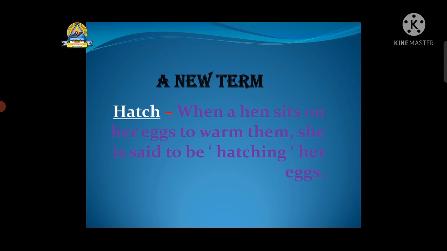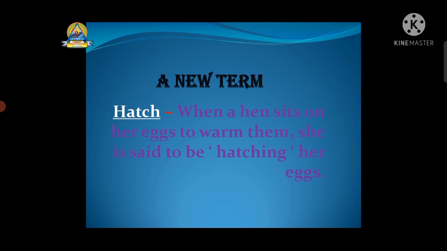So warmth is very necessary, and that is why after laying the eggs, the hen sits on them to keep them warm, to give heat, and the chicks inside slowly keep growing. When the chick has grown completely, it breaks the eggshell and comes out.